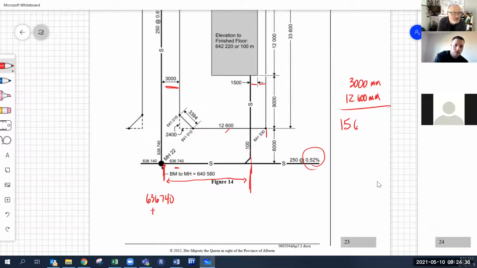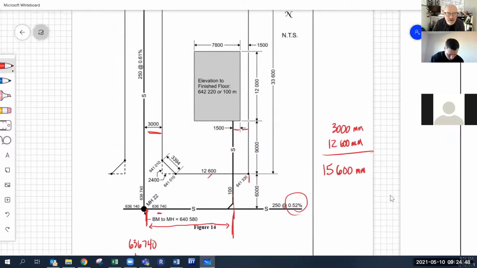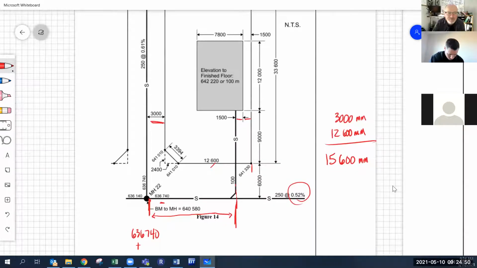But now isn't there a gap between that 3,000 and 12,600? I don't see a gap in there, but for the 45s, the point only goes to that certain distance. Yeah, let's go just to the straight pipe though. We'll get this distance. Now that comes up to here, but we only need to here.